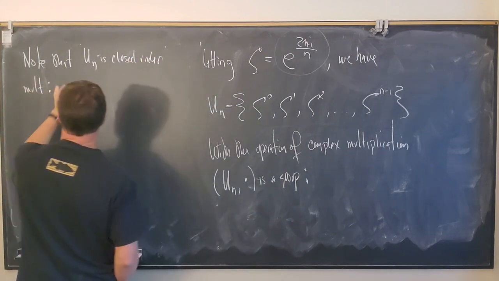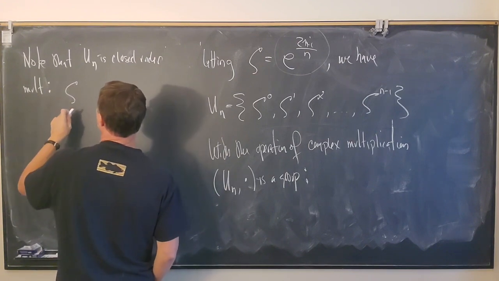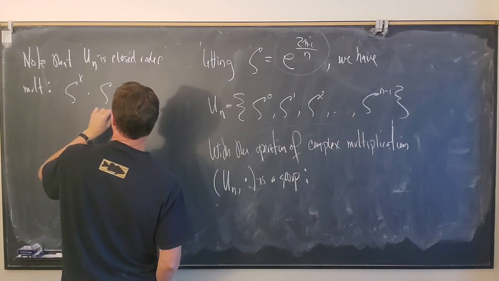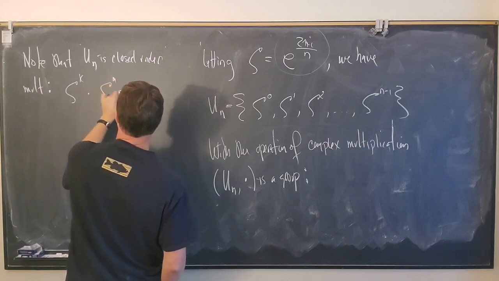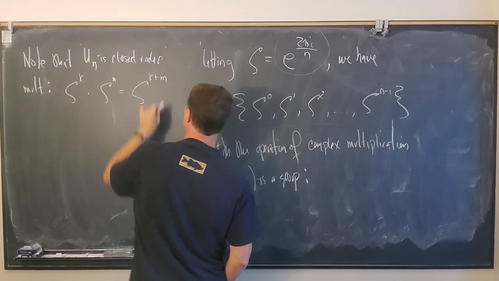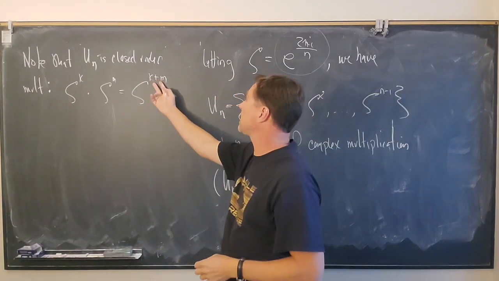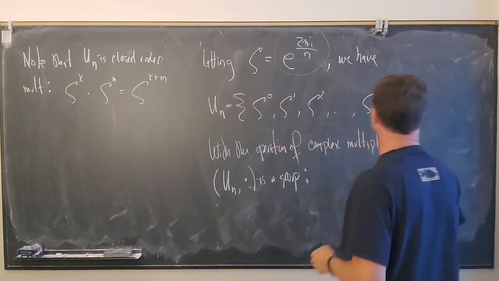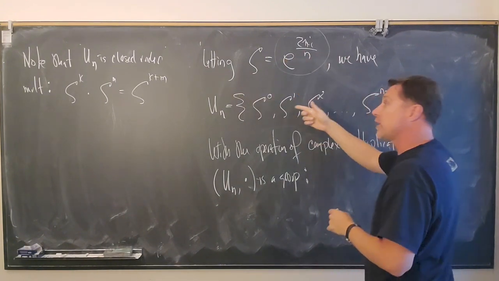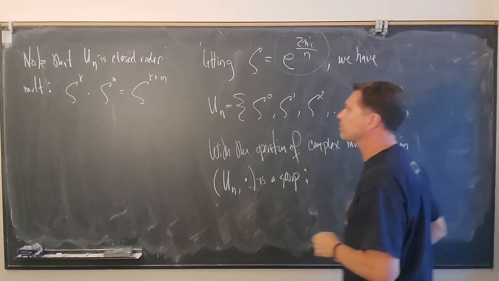And so here's the idea. If I take zeta to the k times zeta to the m, I'm going to get zeta to the k plus m. Now, if this sum right here is greater than n minus 1, what happens? Well, it just cycles back, and it'll give us some other element in here.